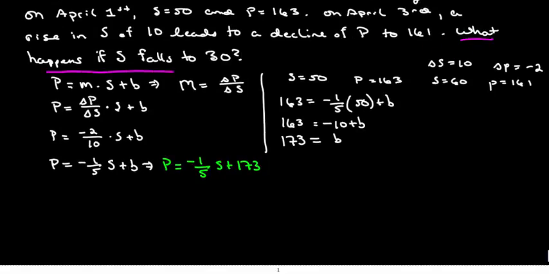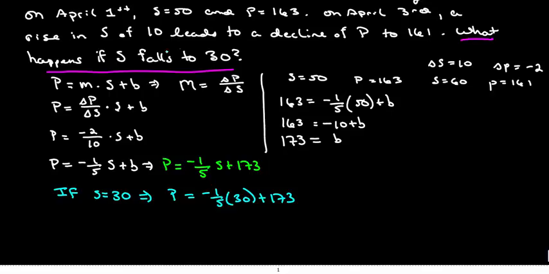Now we have to use that to calculate the answer to the question: what happens if S falls to 30? That gives us P equals -1/5 times 30 plus 173.